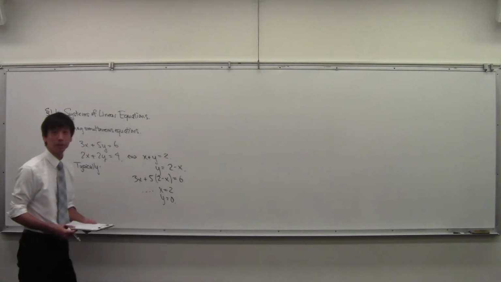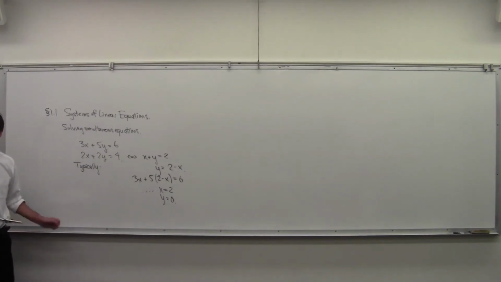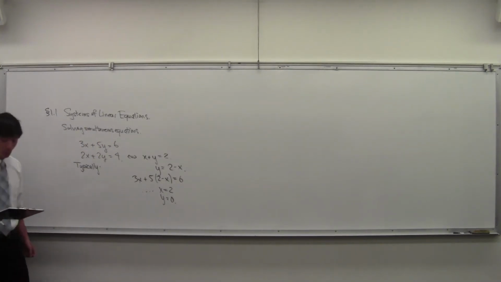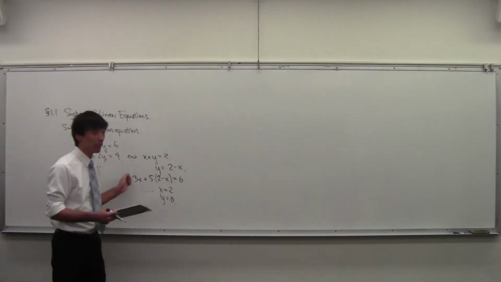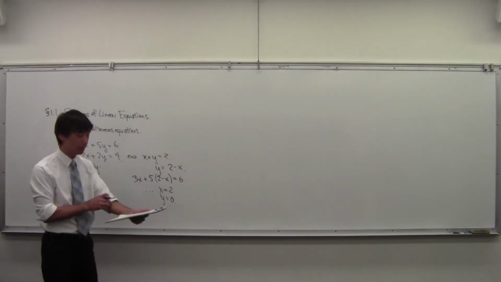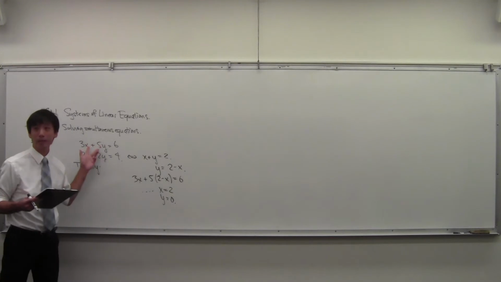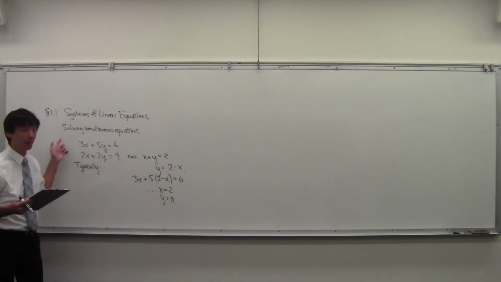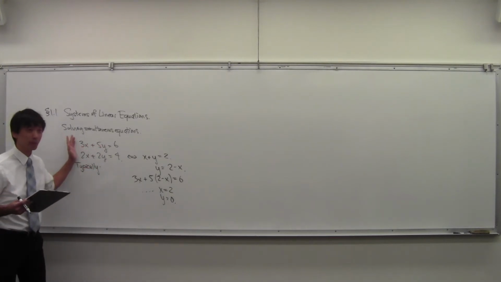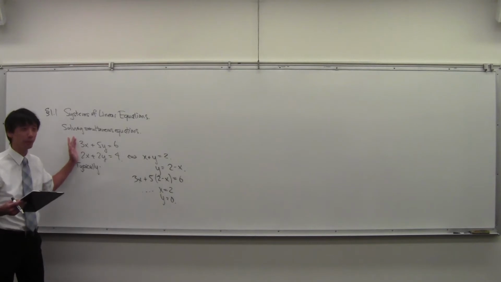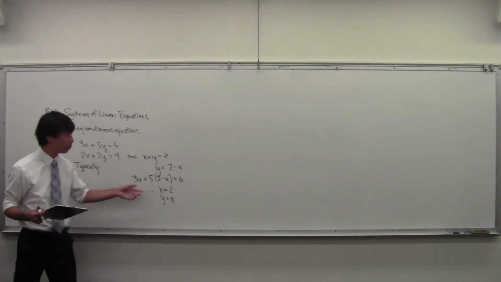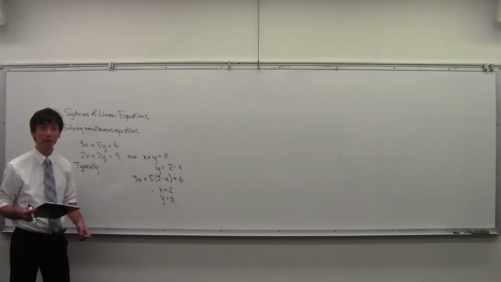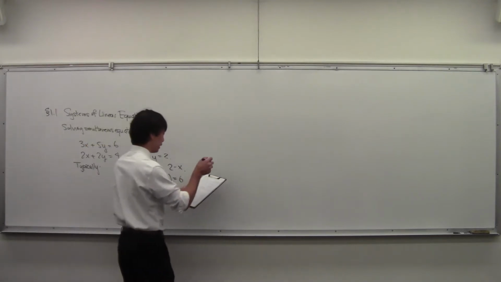So this is just to remind you of what you did back when you were kids. You were given a bunch of equations like this, and you had to solve them, and they always seemed to work out, and you always seemed to get x is equal to something and y is equal to something.